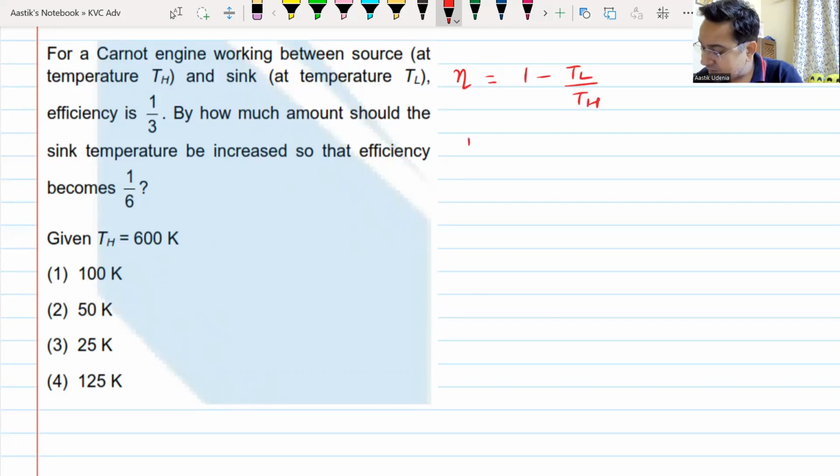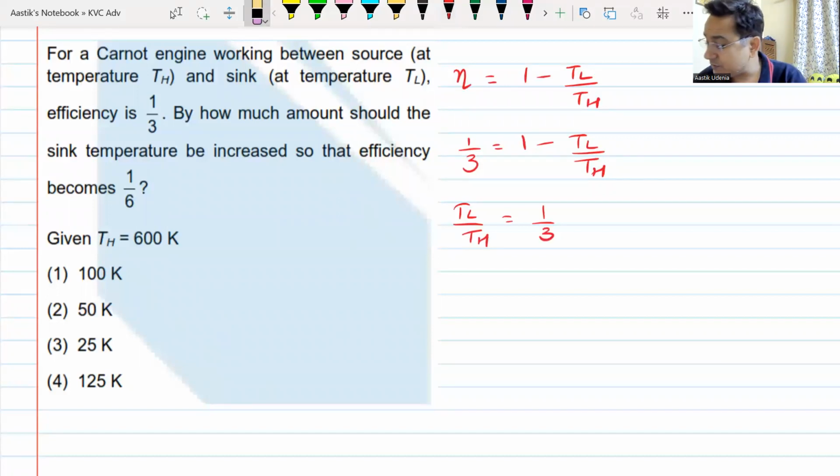Yes, sir. In the first case, the efficiency is 1 by 3, 1 minus TL by TH. From here, you will get the ratio of TL and TH. TL by TH is 2 by 3. Sorry, I wrote 1 by 3, that's 2 by 3. Then you have to make the efficiency 1 by 6 by raising the sink temperature.